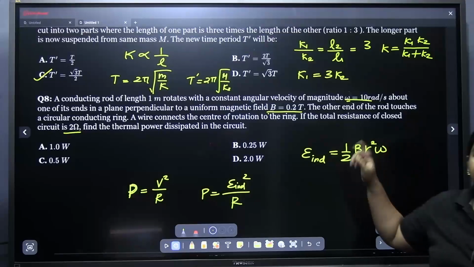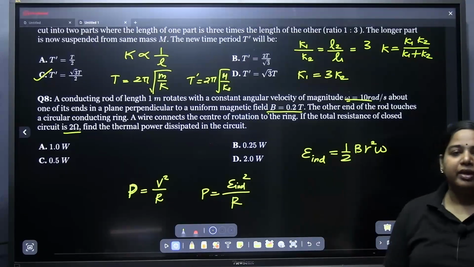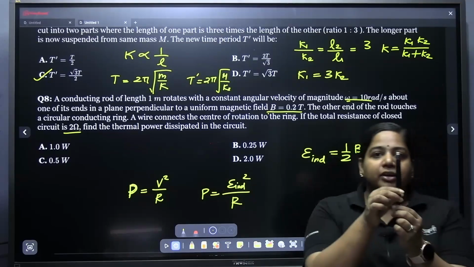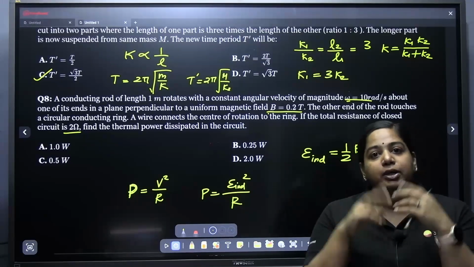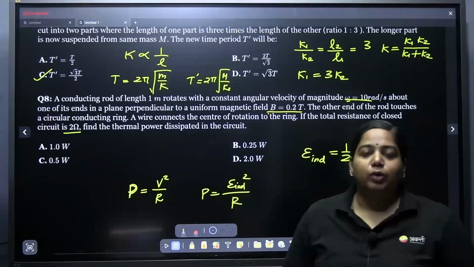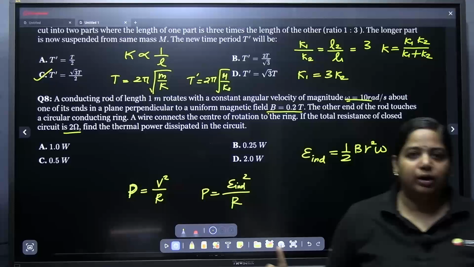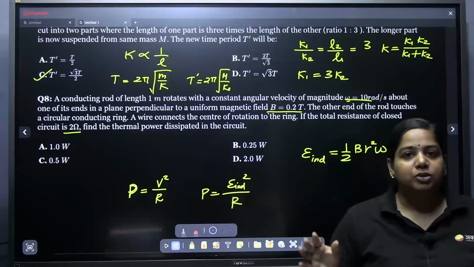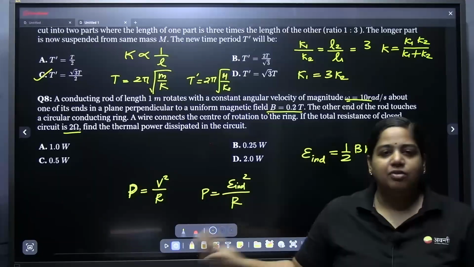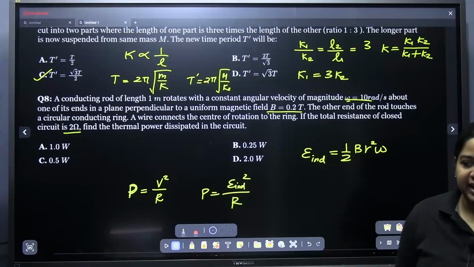Okay. This is the formula if anything is rotating in a magnetic field. It can be one rod rotating, it can be two rods rotating, or it can be a disc rotating. The formula will not change. It will be this formula only. Sometimes you will see a wheel with 8 spokes rotating. Same formula. You don't have to multiply it with 8.